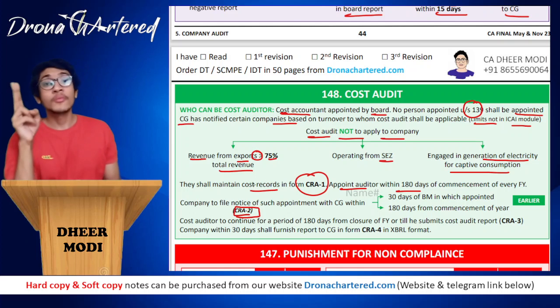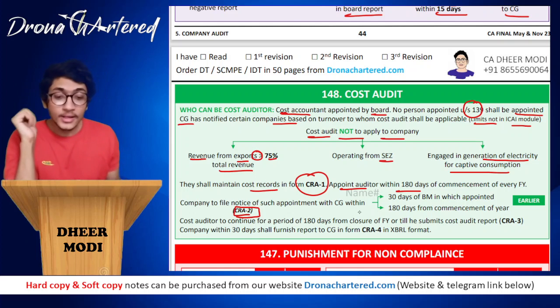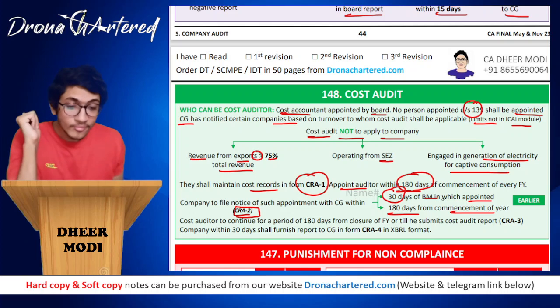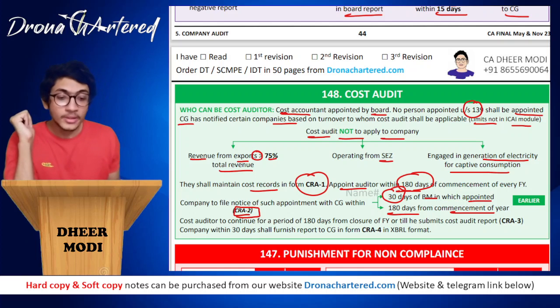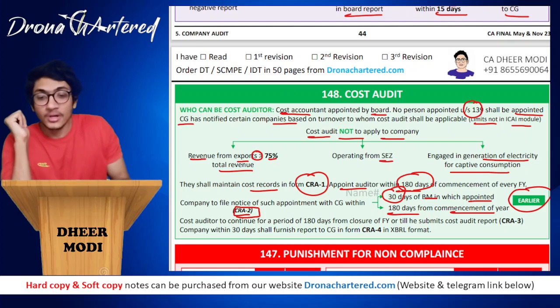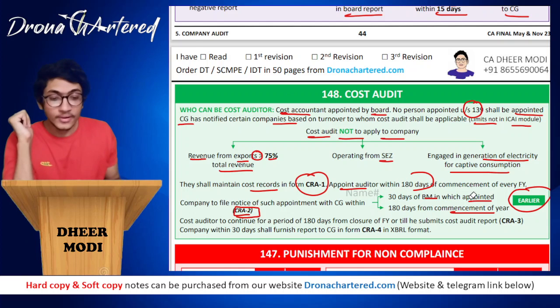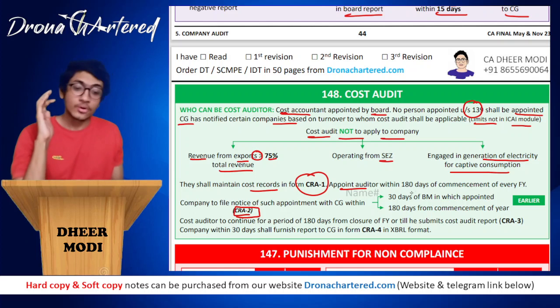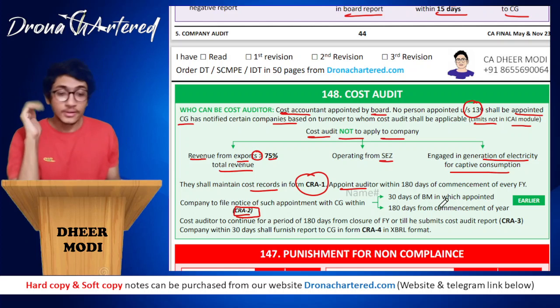Any notice of appointment to CG has to be done in CRA 2 within 30 days of the board meeting in which appointed, or 180 days from commencement of the year, whichever is earlier. Okay, so it is 30 or 180, whichever is earlier.